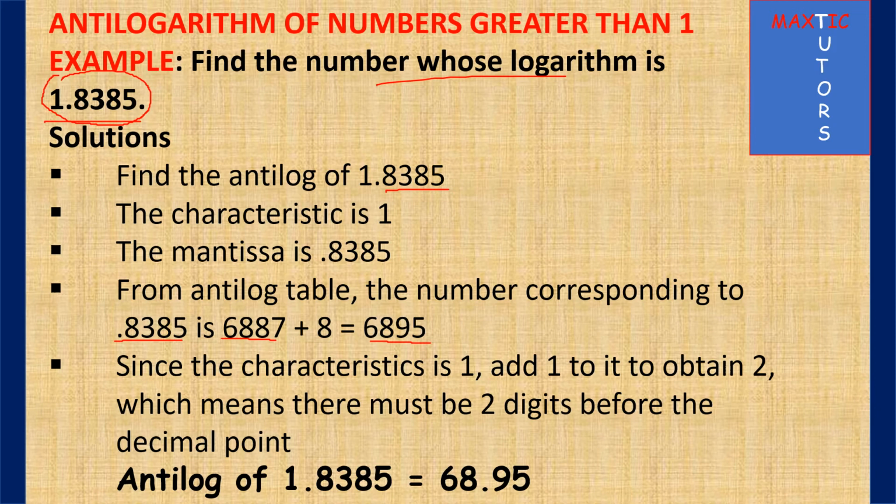Then you write what you arrived at on the antilog table, which is 6895. And since what you now have after adding 1 is 2, that means you count 2 numbers from the front here. 1, 2, and put your decimal. And so you now have 68.95 as the answer.